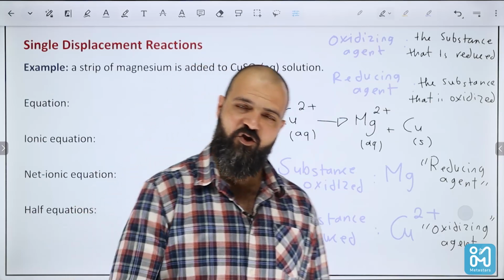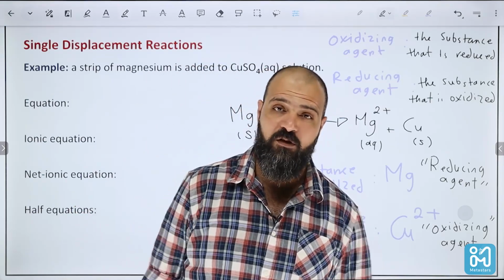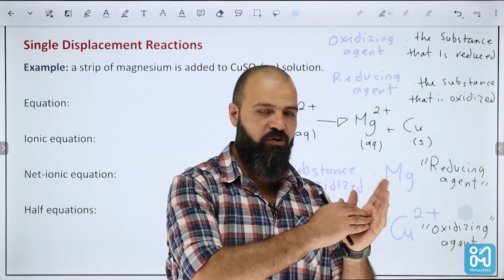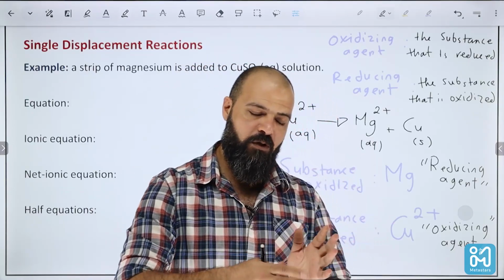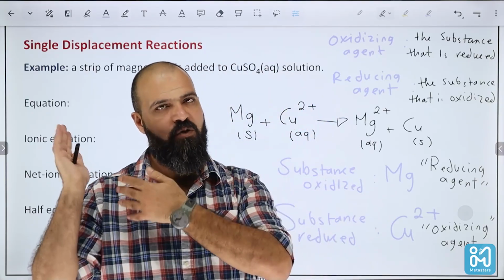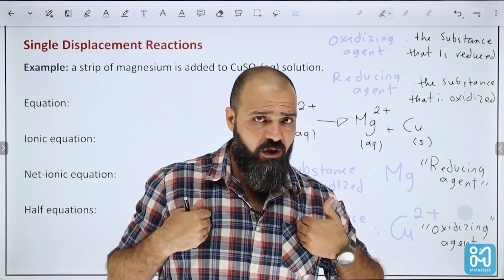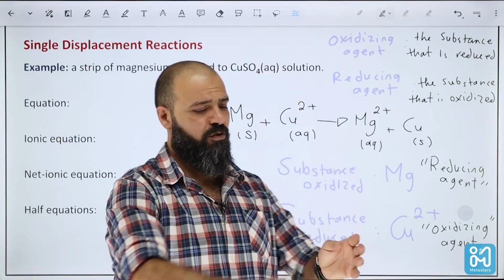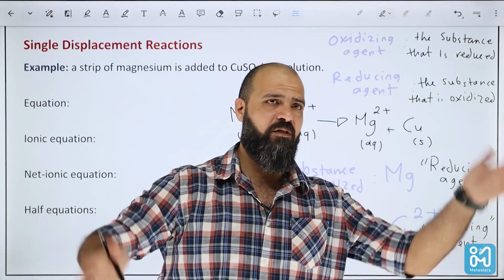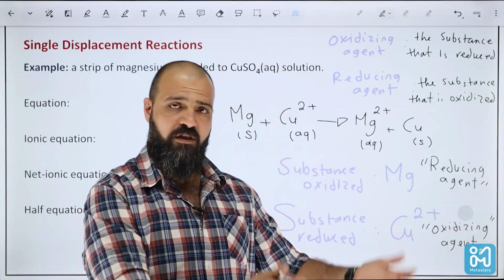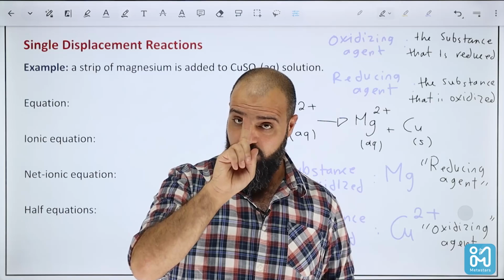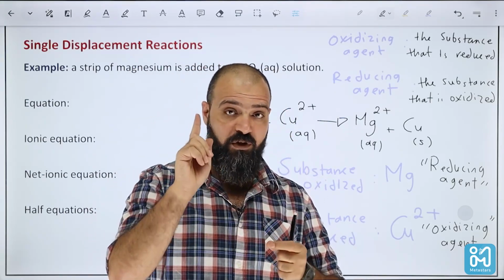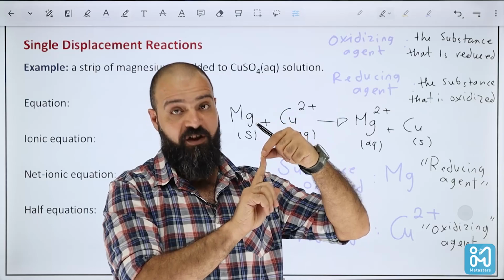Is this the last chapter of AP chemistry? To be honest, introduction to redox reactions, you should take this before. But in my way of teaching AP chemistry, I don't like to cut the chapters each one by itself. I did this before in this course when we studied thermodynamics.